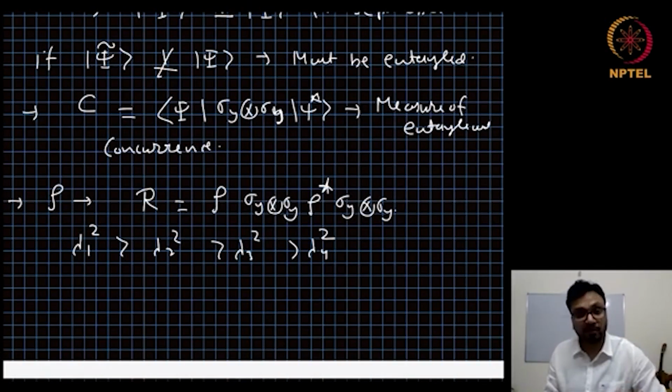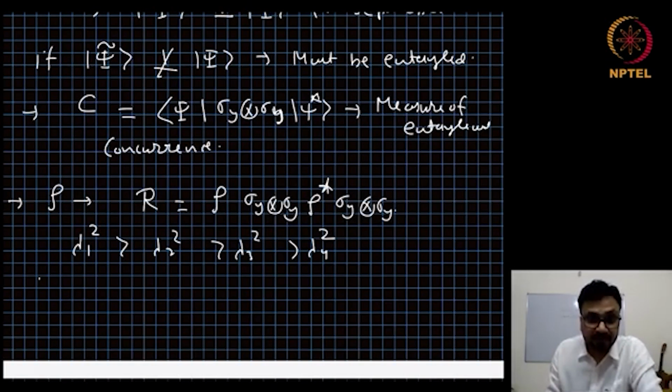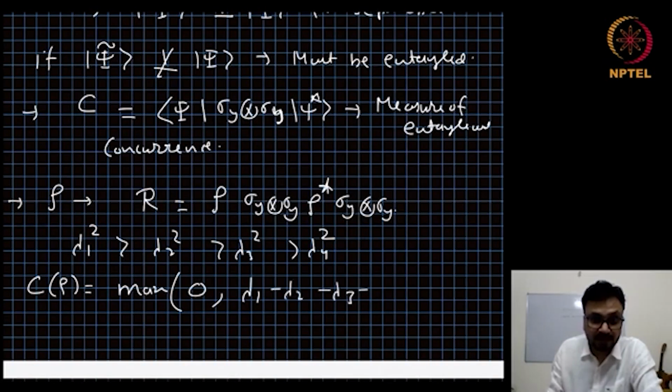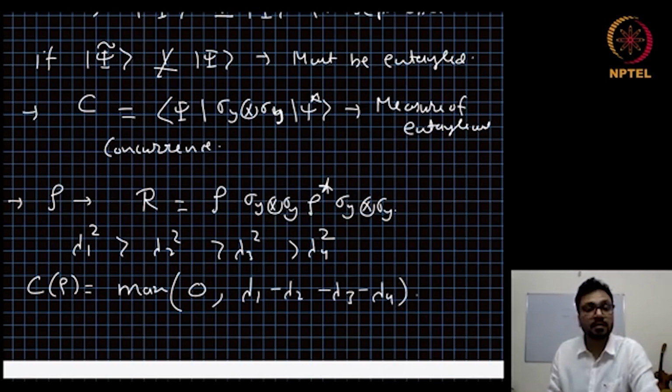We are putting them in descending order so that we know which one is which, because that is required here. Then the concurrence of rho is defined as the maximum of 0 or lambda 1 minus lambda 2 minus lambda 3 minus lambda 4. Just be careful that here we had squares and here there is no square. It's not a typo, it is intentional.